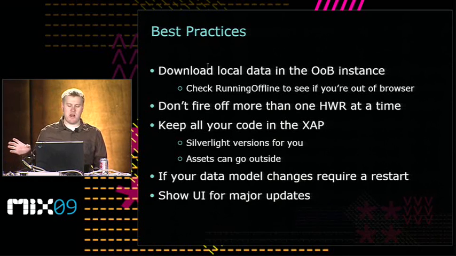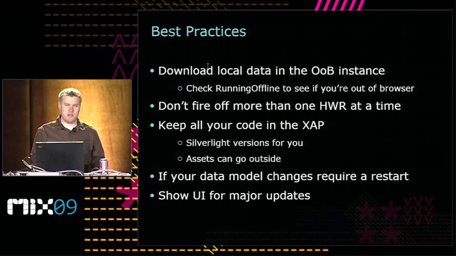Again, when you're talking about the data model and updates, you should really use that event to let your users know if something has changed so fundamentally with your app that it can't run anymore, because we basically need one run before the update is applied. You should really ask your users to require a restart.